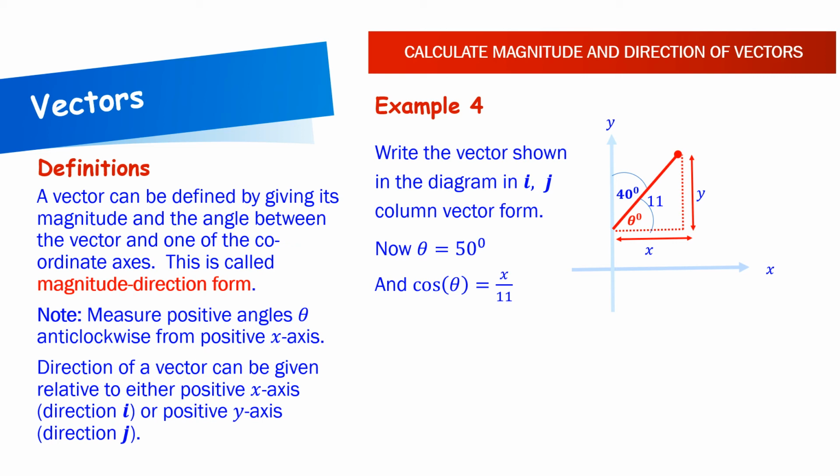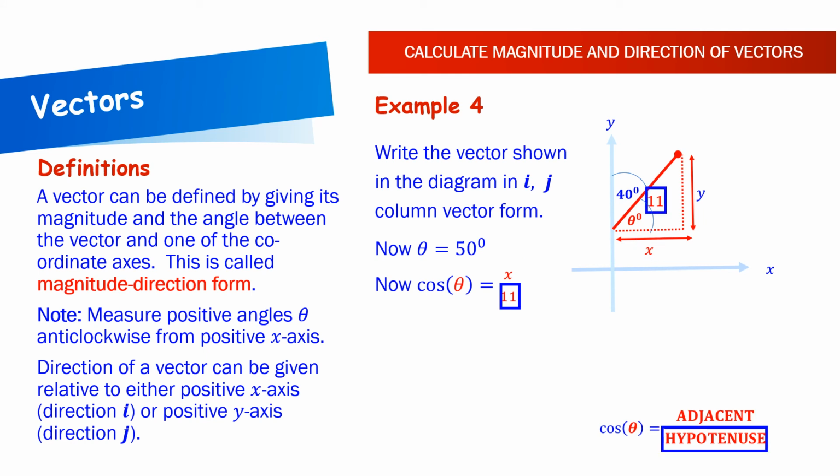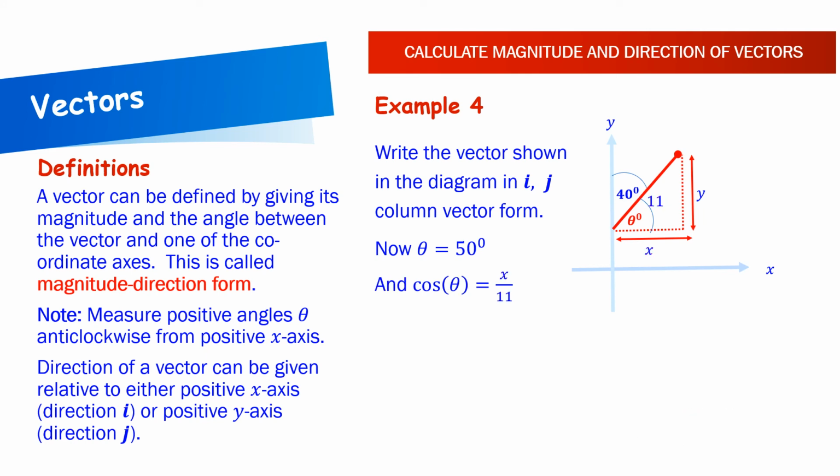And cos theta, from the formula adjacent over hypotenuse, is equal to x over 11. So therefore x is equal to 11 cos 50. And on our calculator this gives us that x is equal to 7.1.